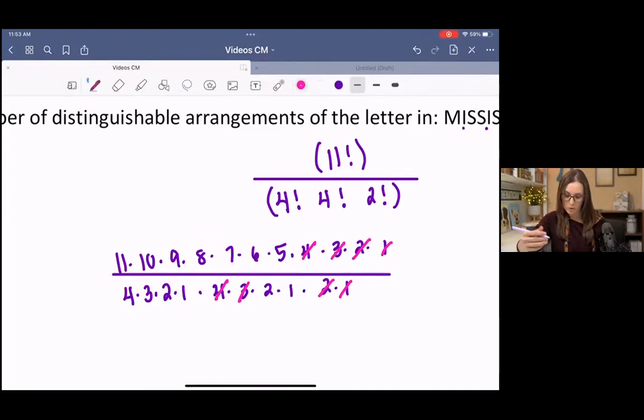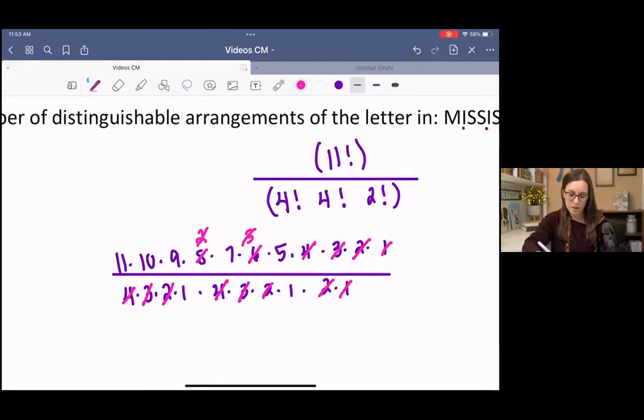For example, 6 divided by 2 is 3. 8 divided by 4 is 2. And then these 3's go away. You can see how this gets a little bit messy. I wouldn't necessarily recommend it, but if you can stay organized, that's the key. Stay organized and you can do it.